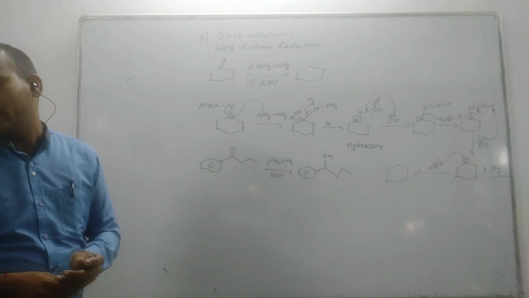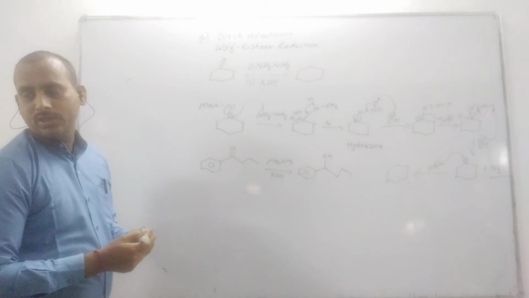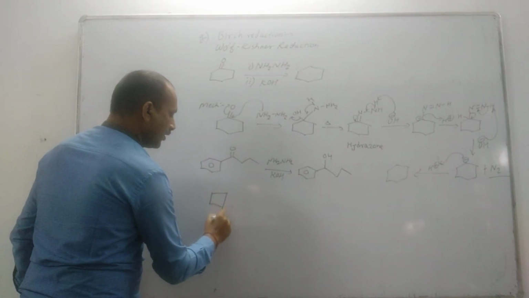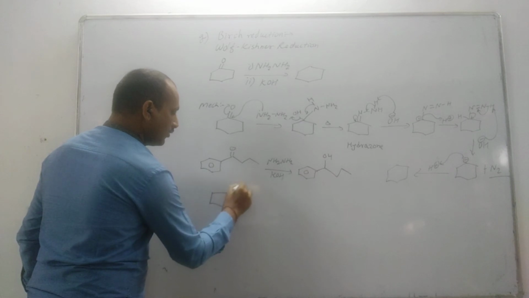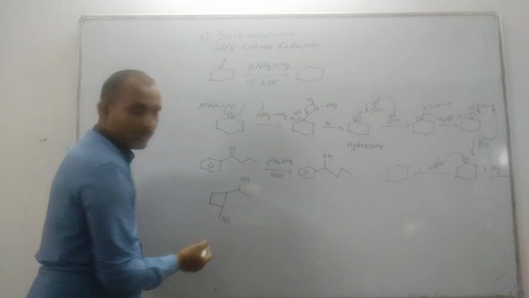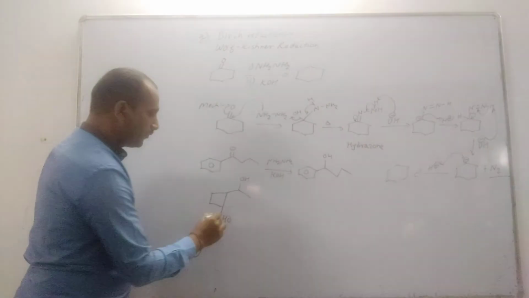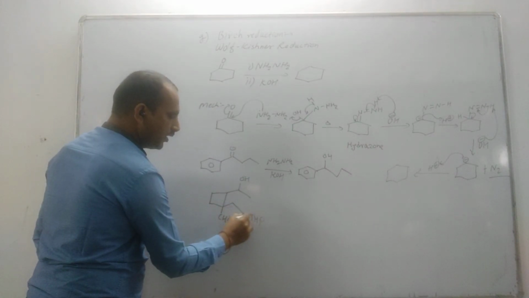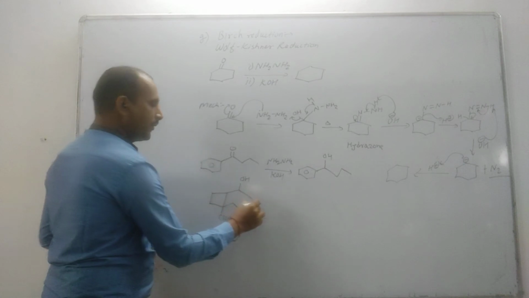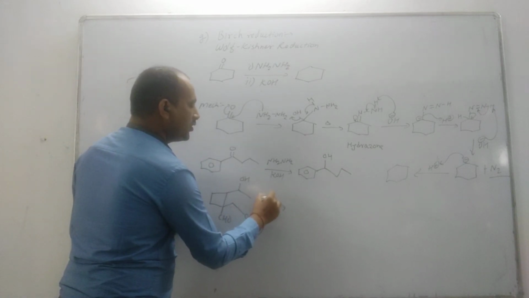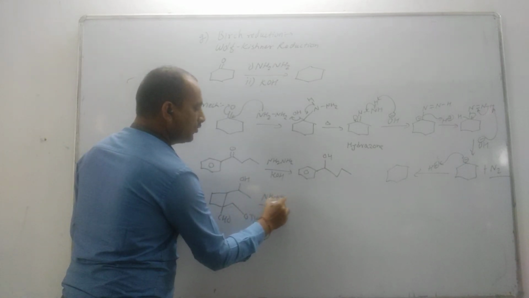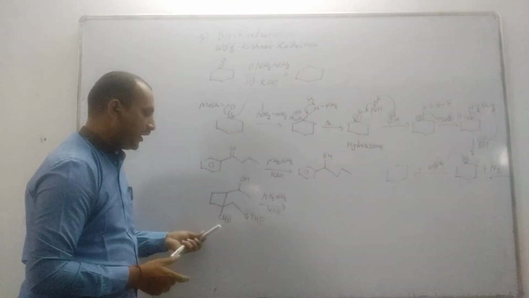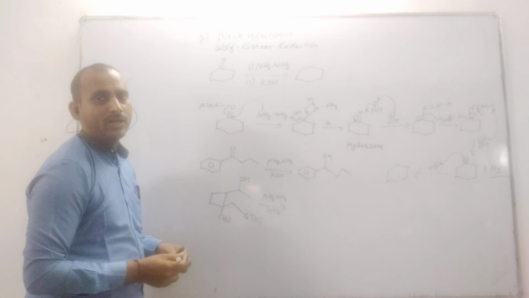Then another example of Wolf-Kishner reduction is CHO, OH, and here is CH2 CH2 OTHP, a protected alcohol. Again NH2 NH2 KOH. So this aldehyde gets reduced to a hydrocarbon.